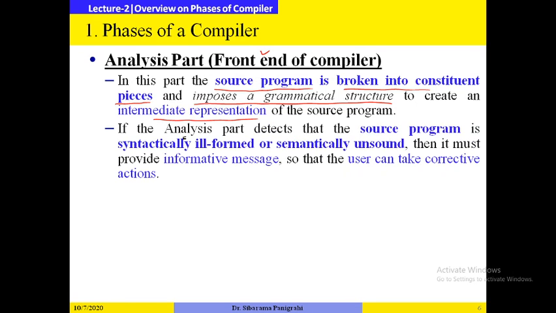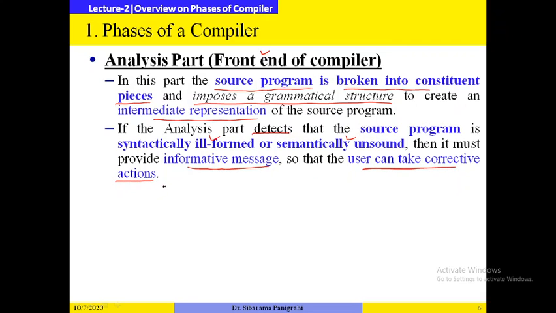In the analysis part, it detects whether the source program is syntactically ill-formed or semantically unsound. It means whether there is any syntactical error or semantical error. If there is any error, then it must provide informative messages so that the user can take corrective actions.